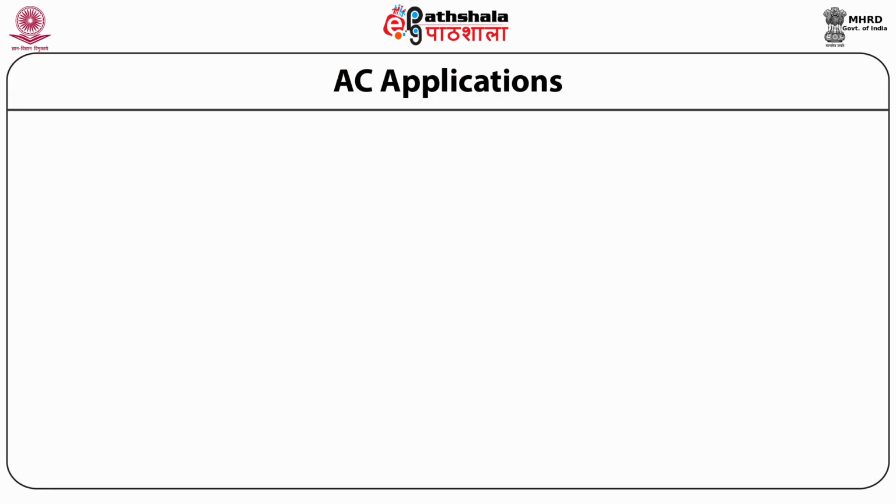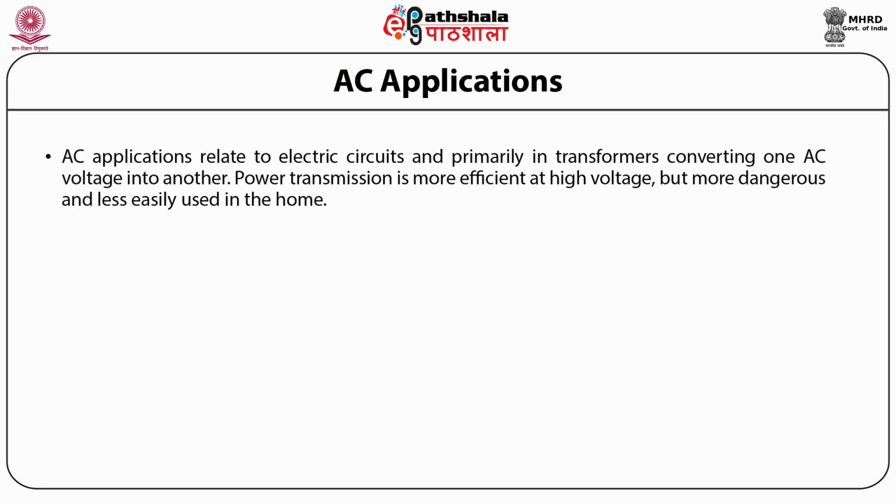AC applications. AC applications relate to electric circuits and primarily to transformers converting one AC voltage into another. Power transmission is more efficient at high voltage but more dangerous and is less easily used in the home.